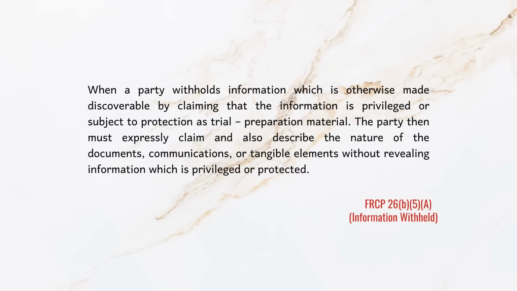And you'll find this rule in Federal Rules of Civil Procedure 26(b)(5)(A). Now, let me also say, you will be expected to prepare a privilege log, providing you will be asserting privilege.